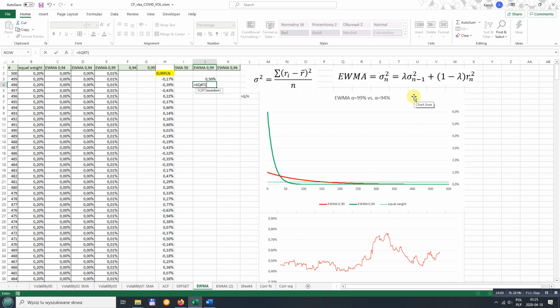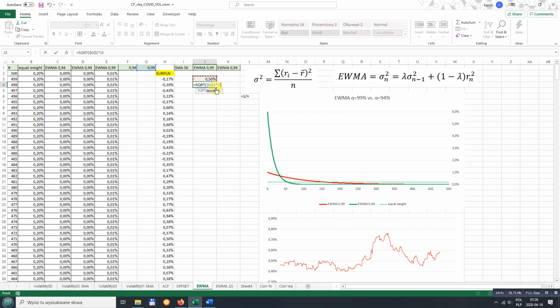So it would be equal to 0.99 times, right? So I have lambda times the previous observation raised to the second power, because this is my standard deviation and I'm calculating square roots, so this has to be variance, right? This has to be variance.